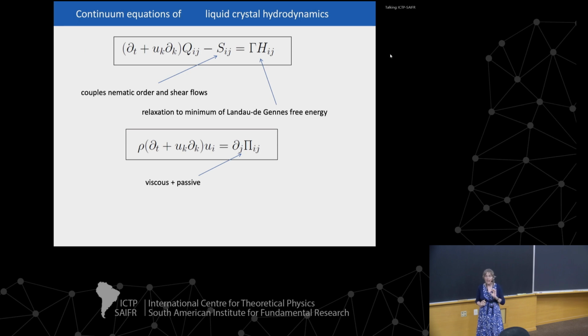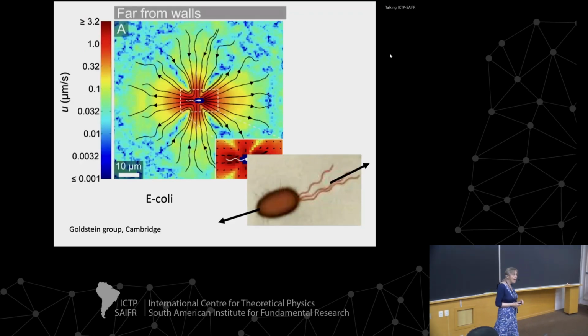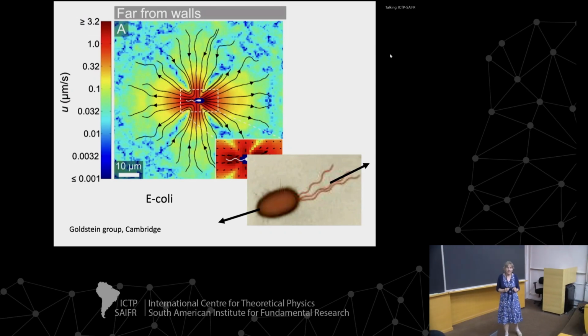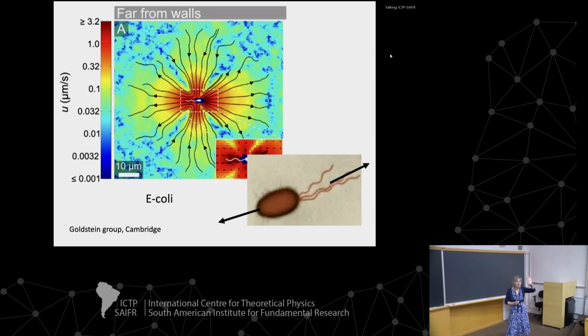So what I have to add into my equations is the effect of those extra flows that these things are creating. We know what the flows look like. They're flows with nematic symmetry, which is really why I started from a set of equations which were in terms of this Q tensor, which is a nematic thing.